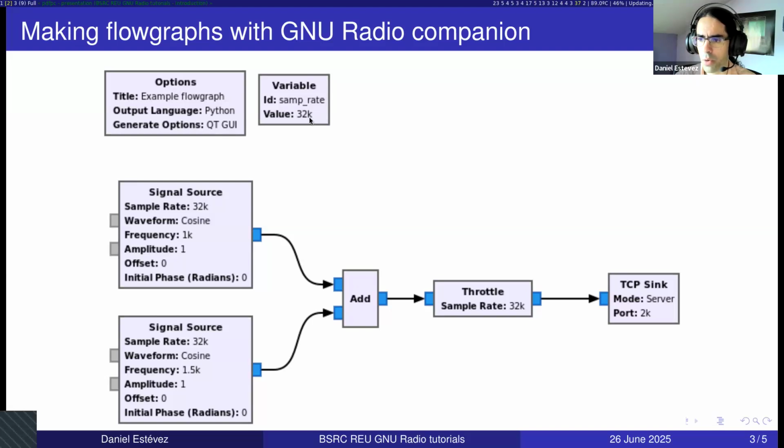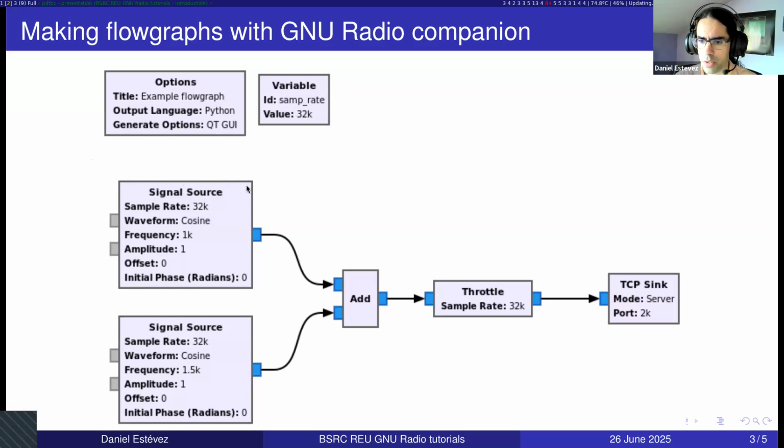So the K is for 1,000. We can put any formula which is Python. Most of the things you see on GNU Radio Companion accept any Python code, and you can do calculations, you can call Python functions, and that gives a very powerful system.